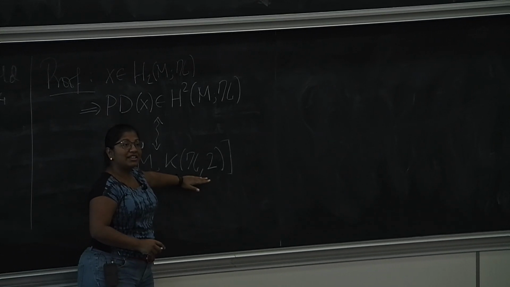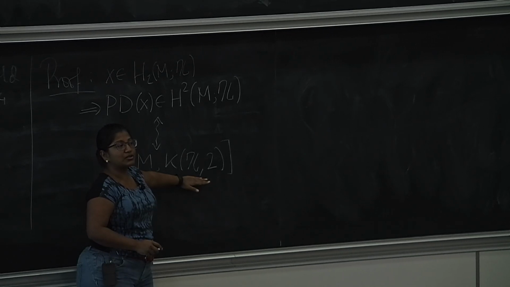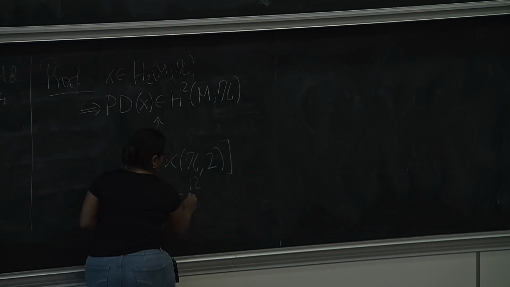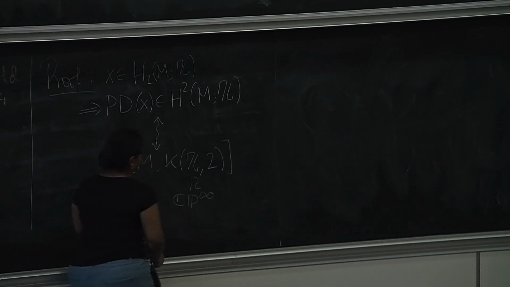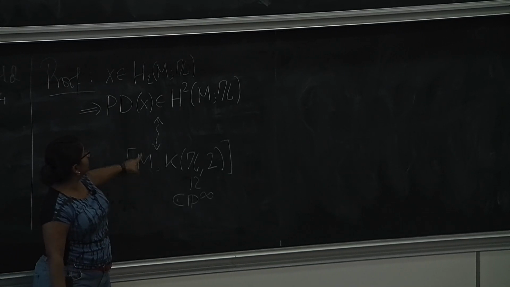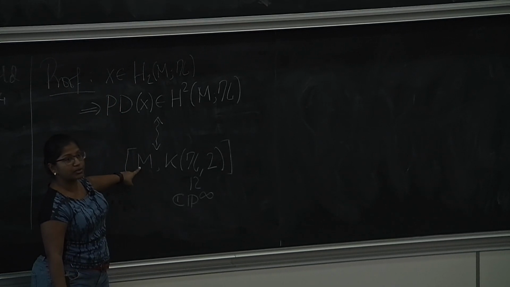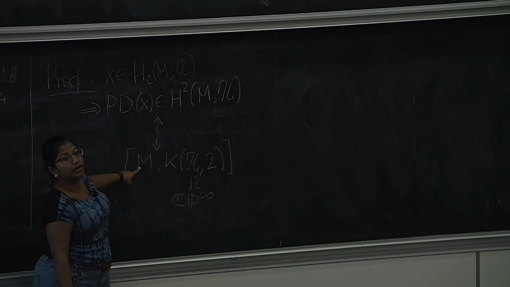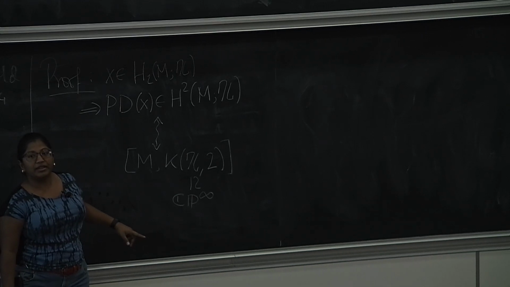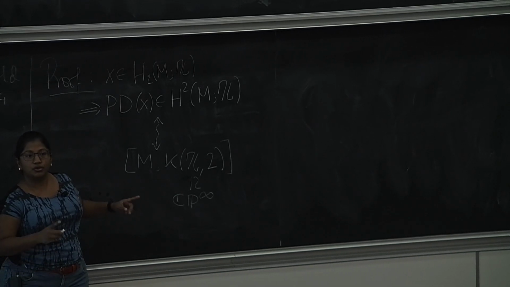And then the second algebraic topology fact is that K(Z,2) is actually CP^∞. Now we use the fact that M is a 4-manifold, and therefore it's homotopy equivalent to a 4-dimensional CW complex. So these maps into CP^∞, you can really think about them as maps into CP^2.